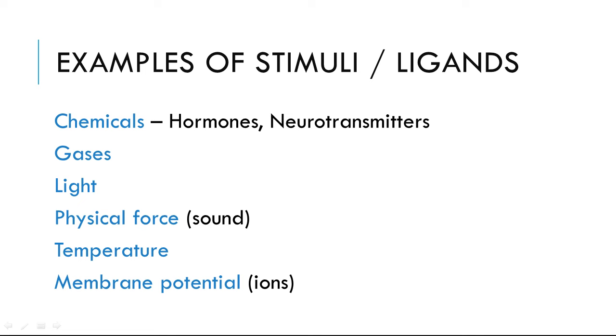The other four are light, physical force, temperature, and membrane potential. At least light, physical force, and temperature are types of external stimuli, but your target cell would still need a receptor. But if we're looking at between cells, there's probably some chemical or maybe a gas, like nitric oxide, coming from one cell to target cells.